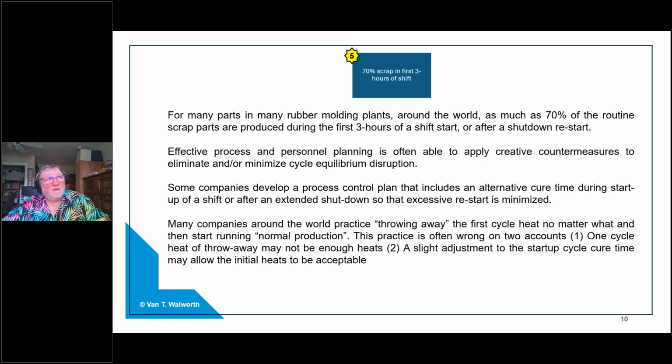And part of the reason that we think we observe that is because the press has perhaps been open for a long time, and now when you start back up, an equalization of pressure and an equilibrium, I should say, of the thermal gradient across the mold has been lost.